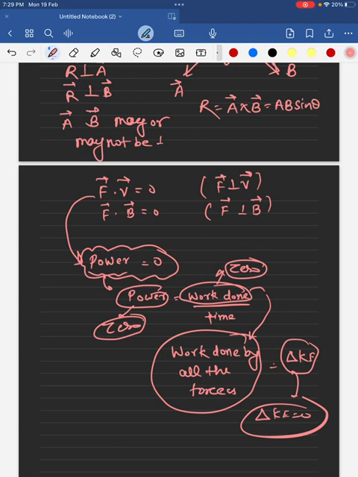Remember one thing: the change in kinetic energy is zero, not the kinetic energy is zero. Change in kinetic energy is kinetic energy final minus kinetic energy initial, equal to zero. That means kinetic energy final is equal to kinetic energy initial. It means kinetic energy is constant.